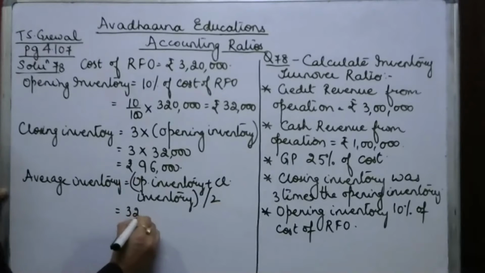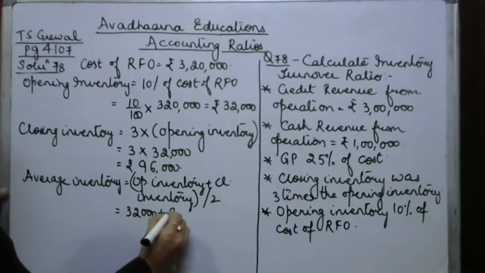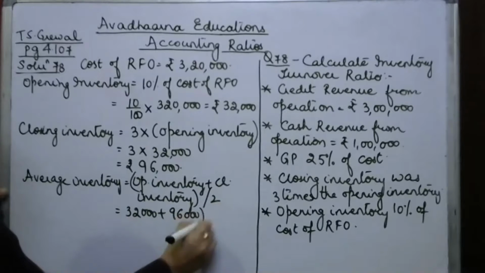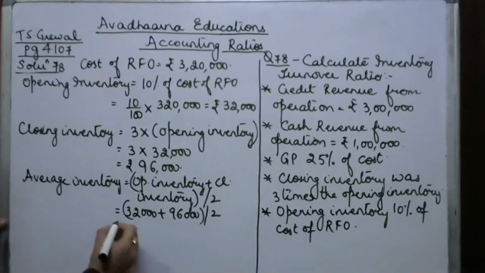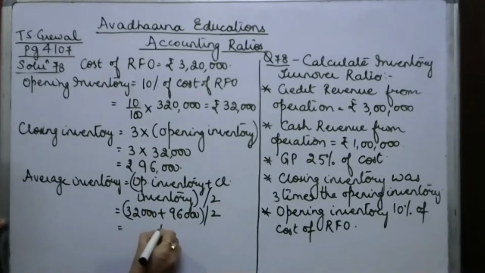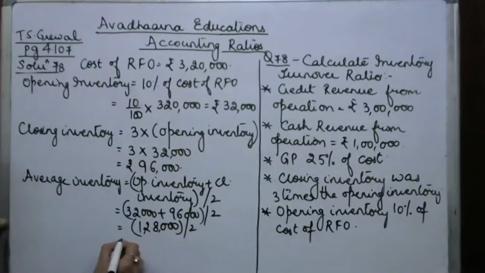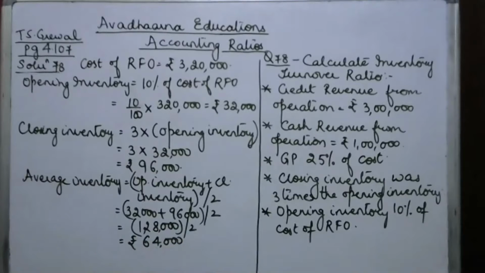This is 32,000 plus 96,000 divided by 2. If I take the sum of these two, we get 1,28,000. If it is divided by 2, your average inventory is rupees 64,000.